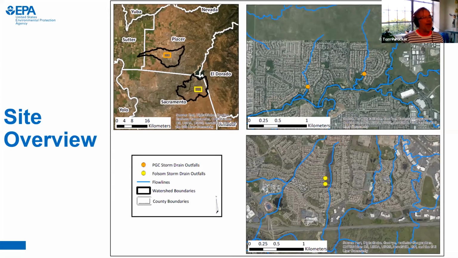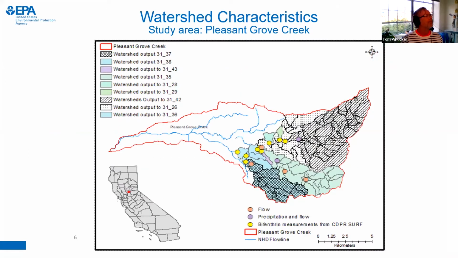Folsom has about half that, but they're pretty tightly urbanized residential neighborhoods that are surrounded by agricultural fields. So here we have this complex mix of agricultural and more residential and urbanized usages side by side in these watersheds of Central Valley.